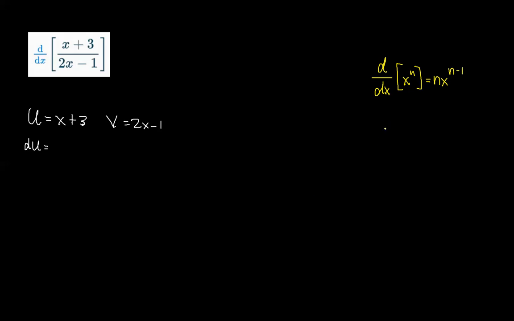Or you can just simply use this formula, which is the derivative of cx. So the derivative of cx is just equal to c. So it's up to you which one you would prefer, power rule or the derivative of cx.